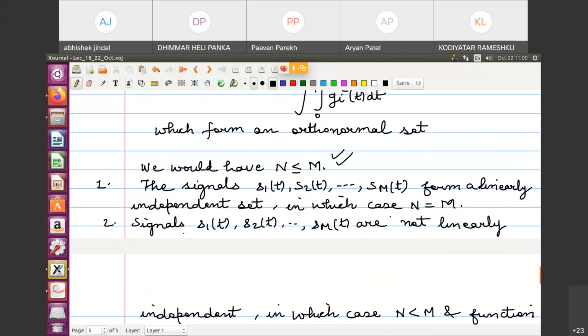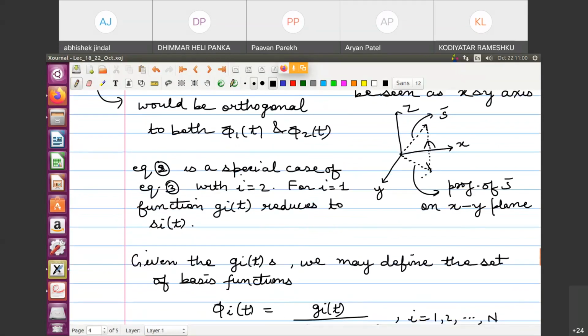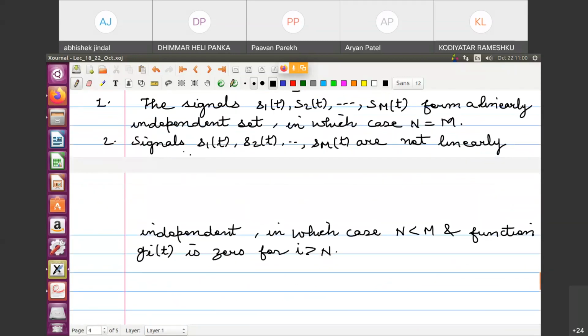So if you start from the Gram-Schmidt procedure, you will land up with 4 orthonormal signals. You started with 4 signals and you created an orthonormal set of 4 signals because of this procedure. But there is a case when one of the signals can be expressed in terms of the others. It means all m signals, the number of signals from which you start, are not linearly independent.